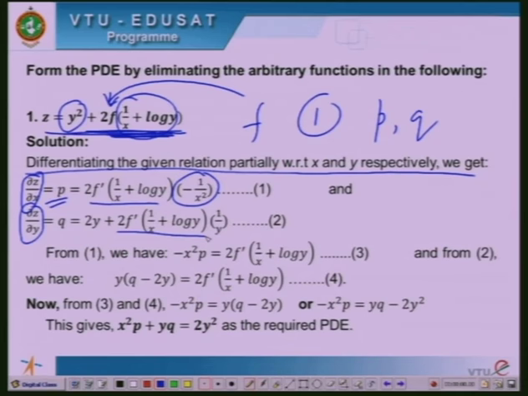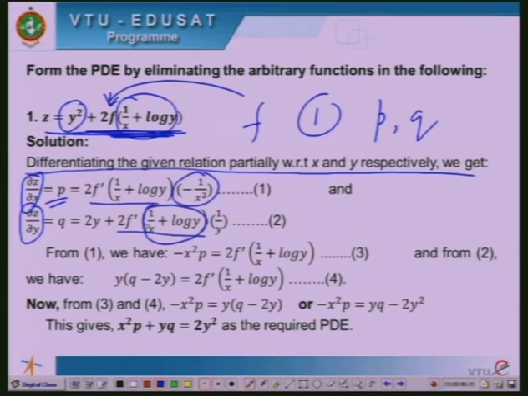So, 2 into f of 1 by x plus log y changes to 2 into f dash of 1 by x plus log y into the derivative of 1 by x plus log y with respect to y, which is 1 by y. 1 by x is a constant, which is 0. So, I get q equal to 2y plus 2 f dash of 1 by x plus log y into 1 by y. Let us call that equation 2.